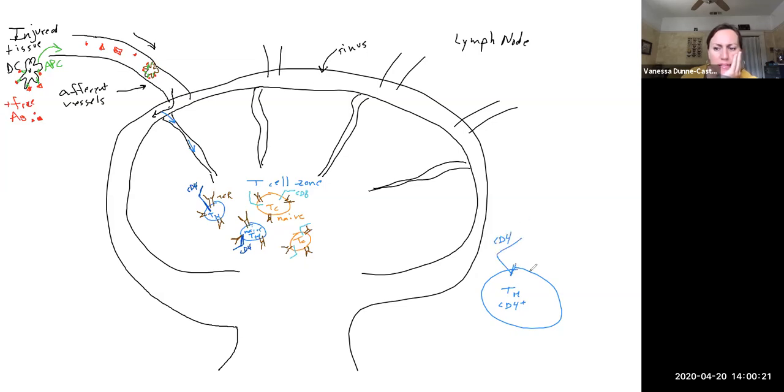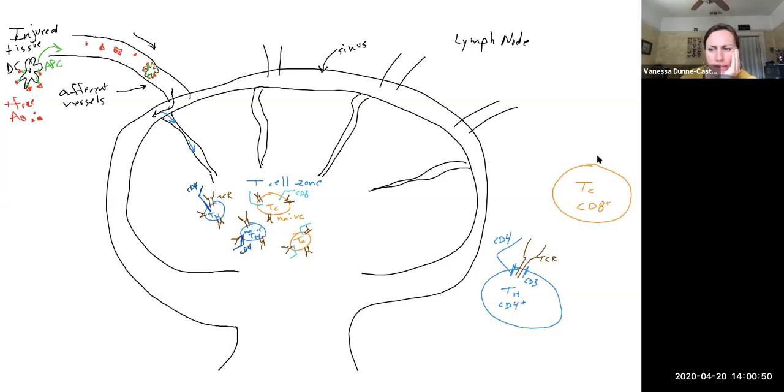They have that CD3 anchoring receptor, and they have their T cell receptor. And then our cytotoxic T cells are our CD8 T cells, right?